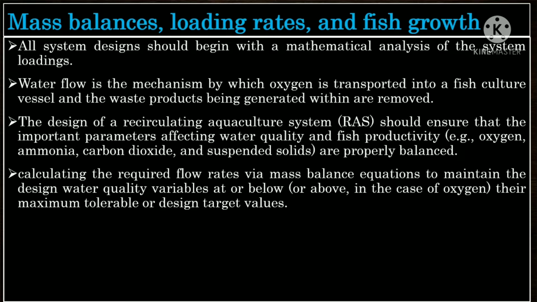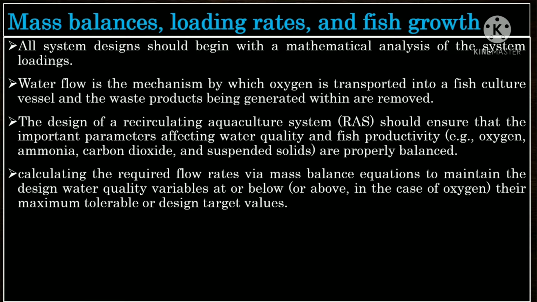are properly balanced. So this requires calculating the required flow rates via the mass balance equation to maintain the water quality variables at or below, or above in the case of oxygen, their maximum tolerable or design target values.